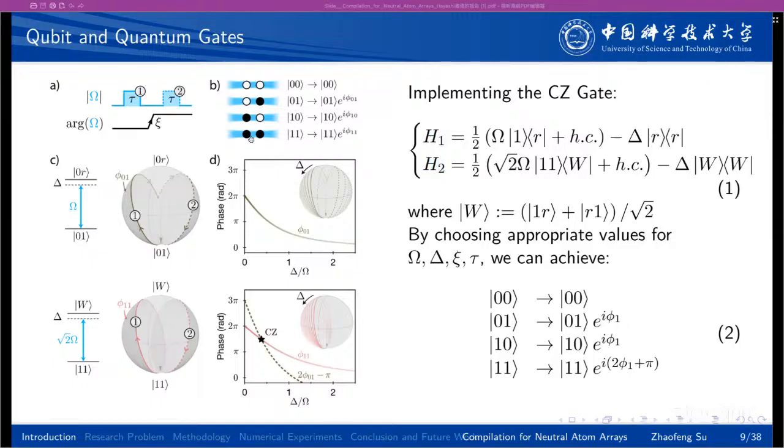If the atoms are in the state 1,1, then the Hamiltonian of the system is H2. For this setup, if we apply the pulse described in figure A, then we will have these transformations. By appropriately choosing the parameters, we can implement the controlled-Z gate on this system.